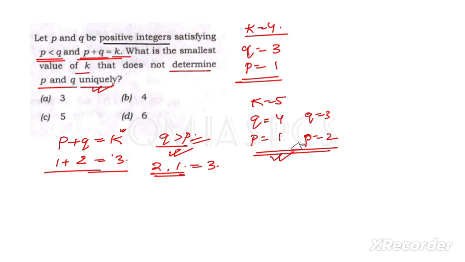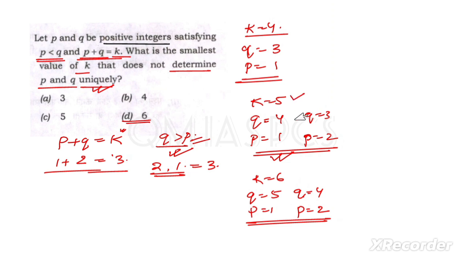For k is equal to 6, we get q is equal to 5 and p is equal to 1, or q is equal to 4 and p is equal to 2. Again two different values, but what is the smallest one among 5 and 6? The smallest one is 5, so the option will be C, that is 5.